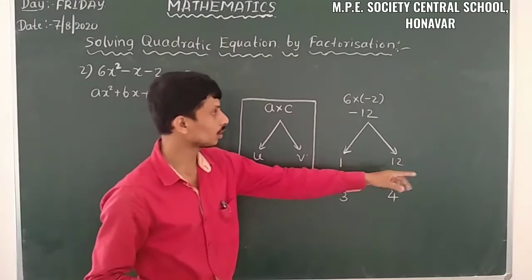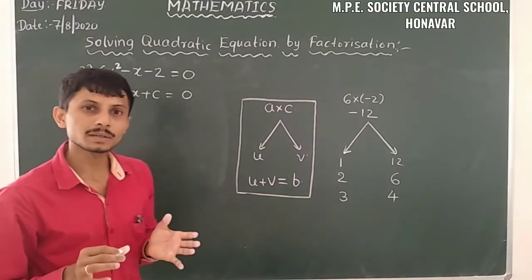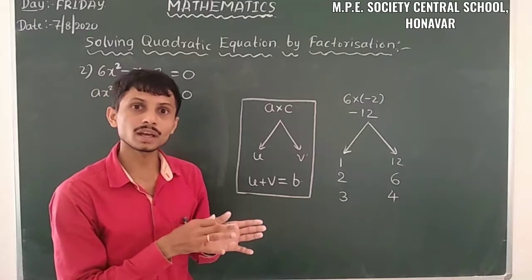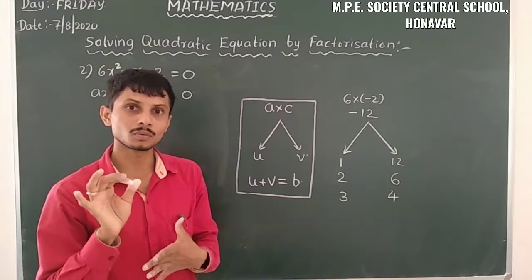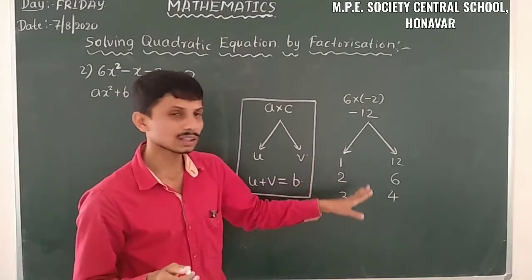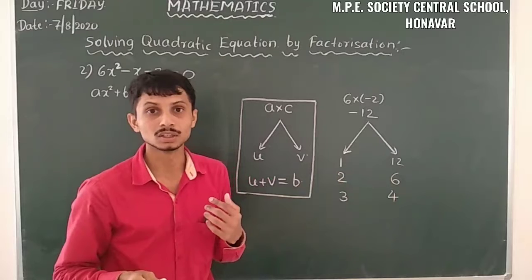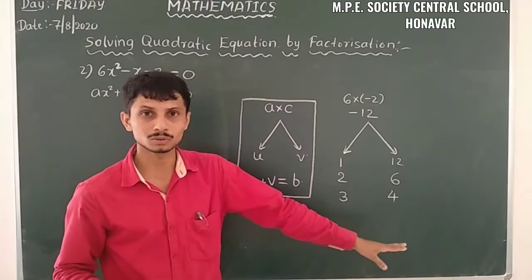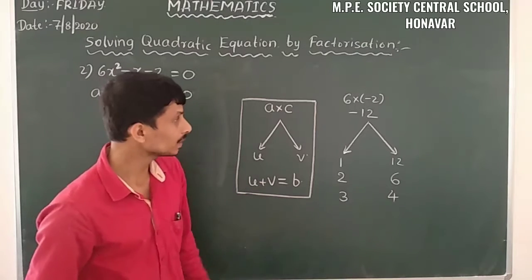Firstly 1 and 12. We want minus 1. When we are taking minus 1, we have to subtract, and when we subtract consecutive numbers, then only we get 1 or minus 1. So just observe which are the consecutive numbers here: 3 and 4. When we take the subtraction between those two numbers, we get 1.